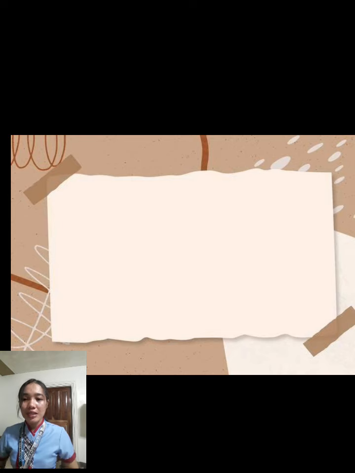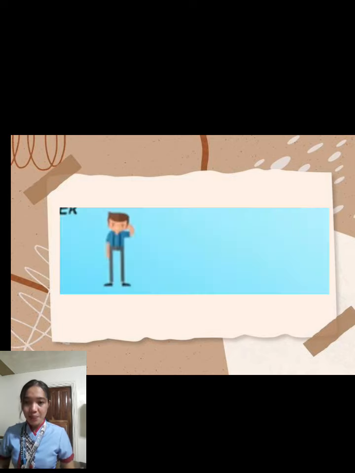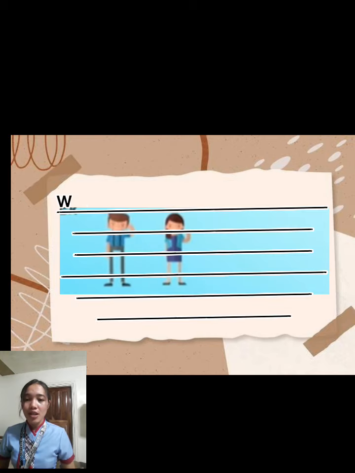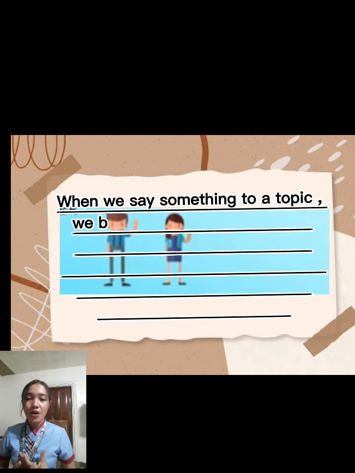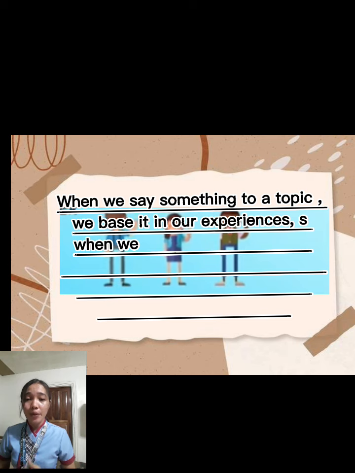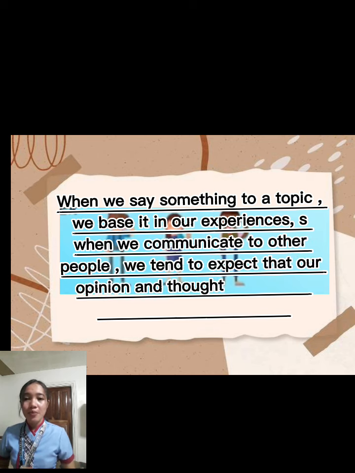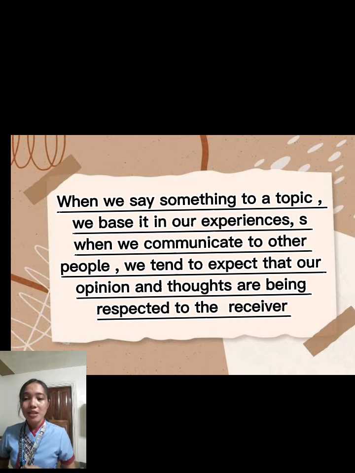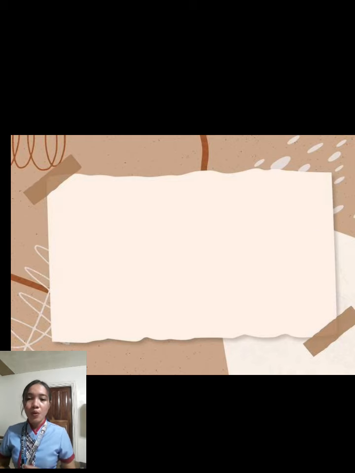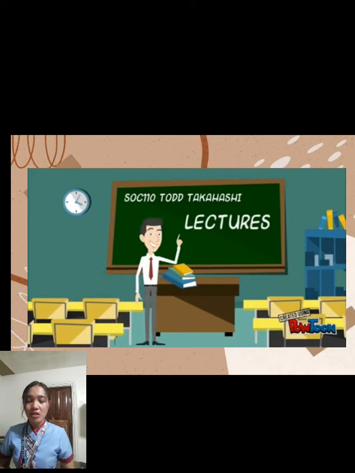The third strategy is value yourself and your own experiences. In communicating to someone, the first basis of our ideas and opinions is our experiences. So when we say something about a topic, we base it on our experiences. When we communicate to other people, we tend to expect that our opinions and thoughts are respected by the receivers.